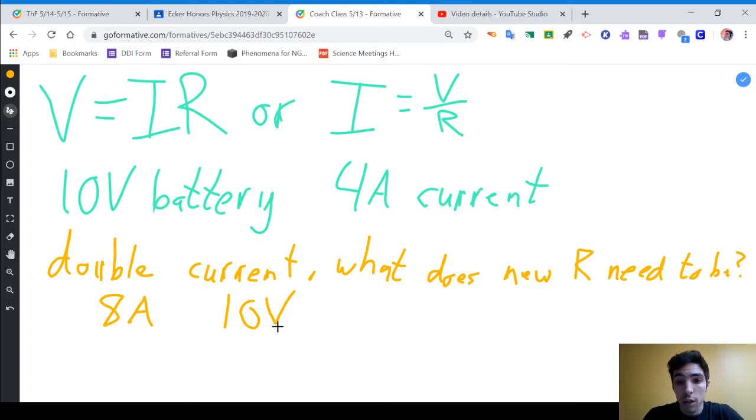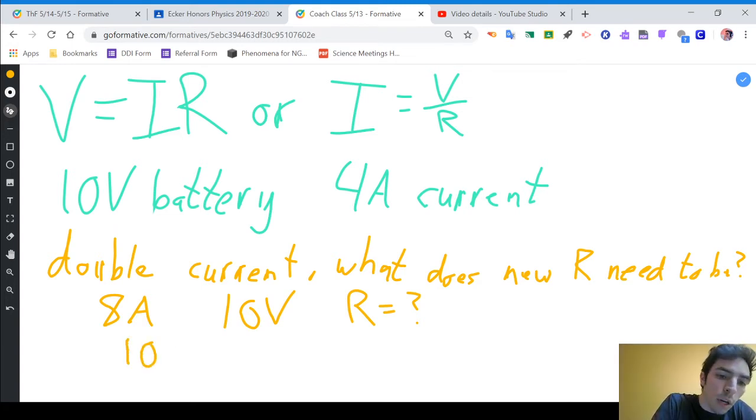Now if we want to solve this, we don't know what the new resistance is, but now that we've made this manipulation from 4 amps to 8 amps, this problem looks like what you all solved yesterday. So I'm going to plug in the stuff that we know: 10 for our voltage, V, 8 is our current, I, and we don't know our resistance yet, but we're going to solve for that.